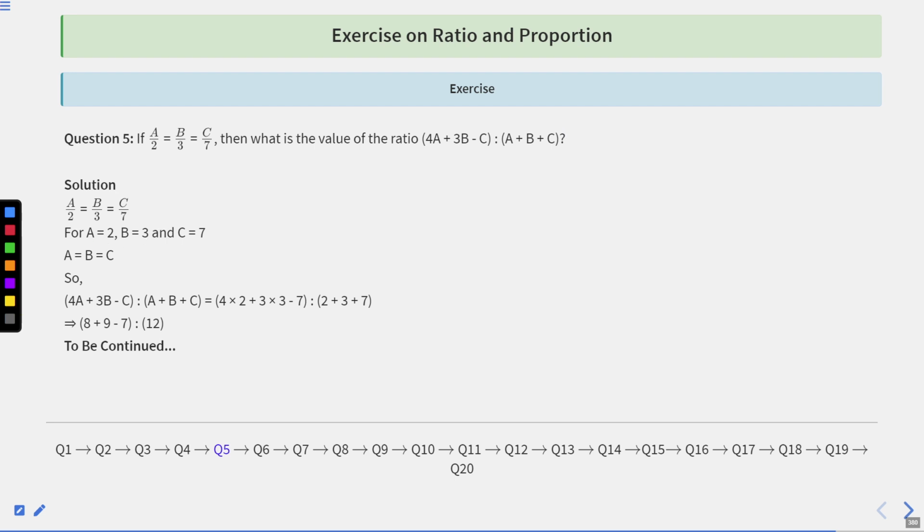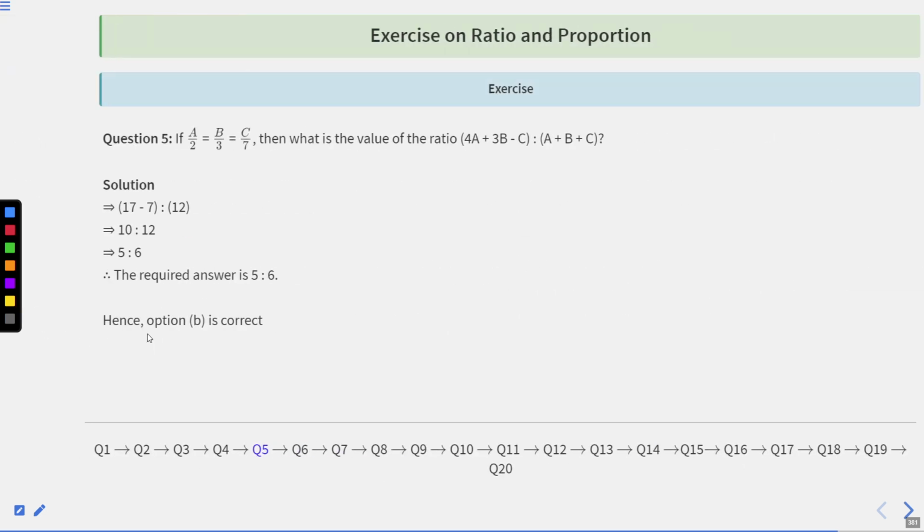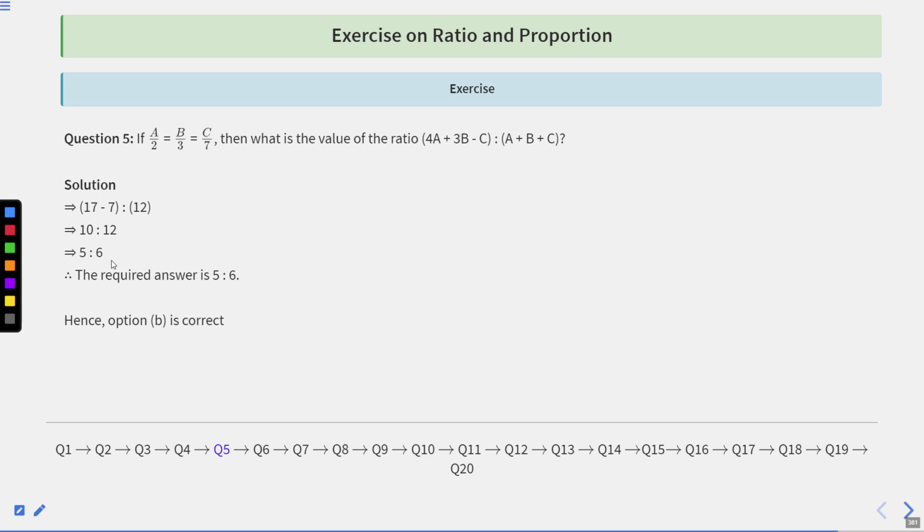For a equal to 2, b equal to 3 and c equal to 7, 4a plus 3b minus c is to a plus b plus c will be given by 4 times 2 plus 3 times 3 minus 7 is to 2 plus 3 plus 7, which is 8 plus 9 minus 7 is to 12. When simplified, this yields 5:6. So the required answer is 5:6, which is option B.